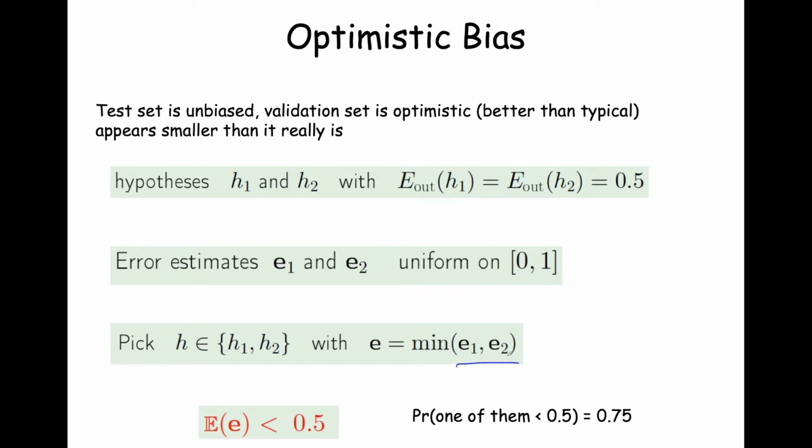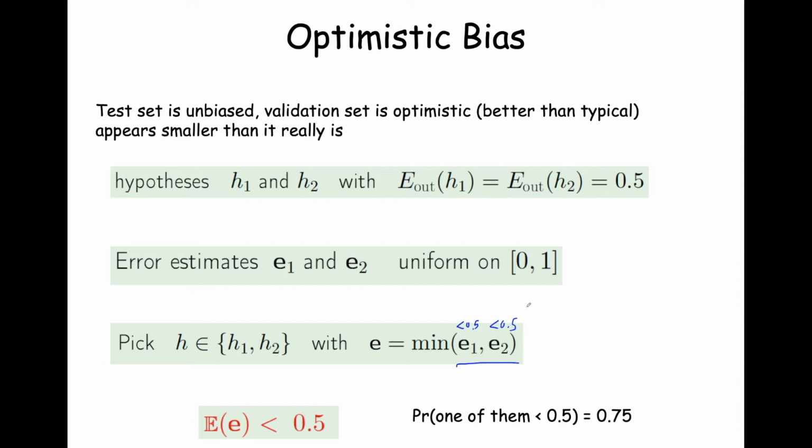And so the ask that we had from last time is, what is the probability that your error is going to be less than 0.5? Well, if you're taking the minimum between E1 and E2, that means either E1 is less than 0.5 or E2 is less than 0.5.